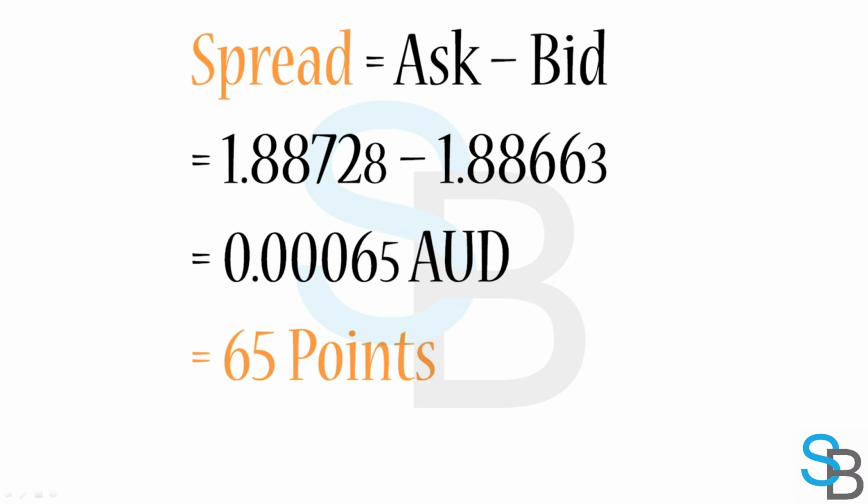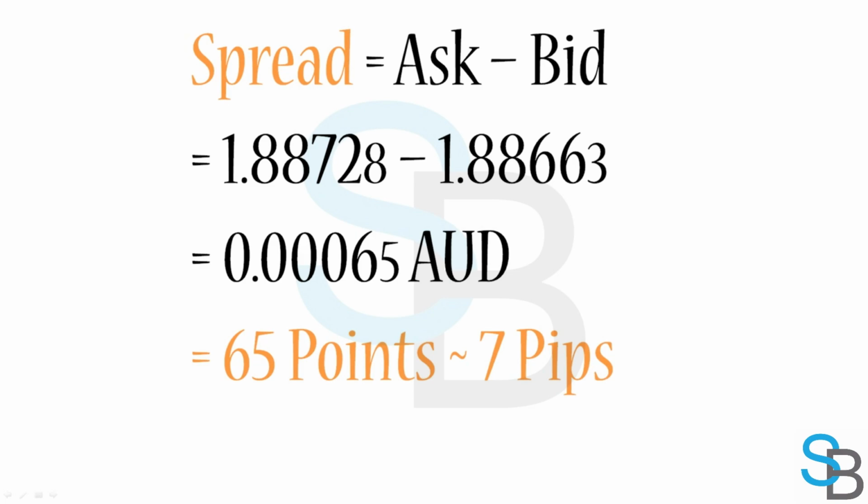So let's remember that even in the 5-digit quotation system, a point is the minimum change that the currency pair can experience. In this case, the minimum change is 0.00001, and if you multiply that by 65, then you will get your spread. So the spread is 65 points. On the other hand, the spread is approximately 7 pips.